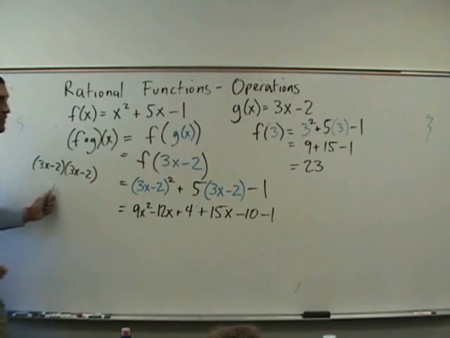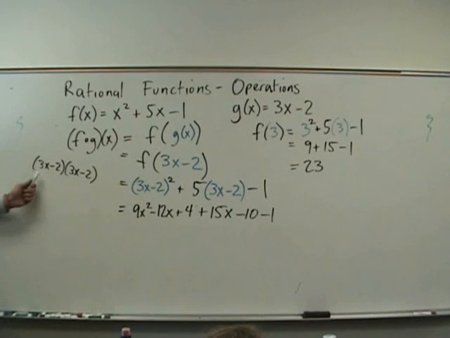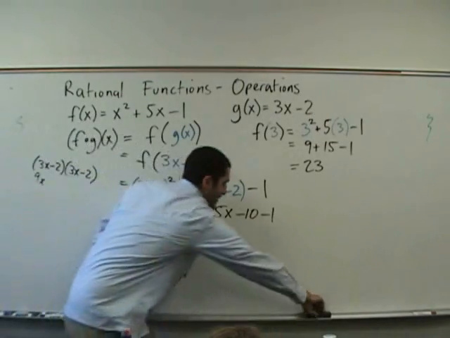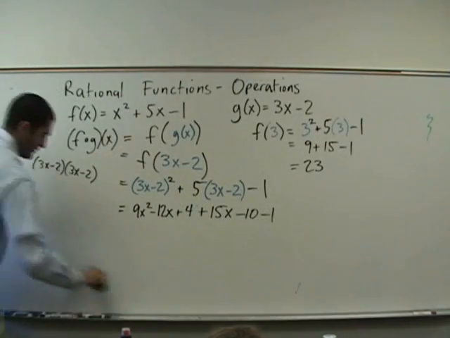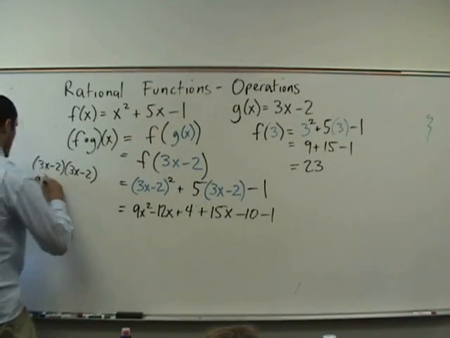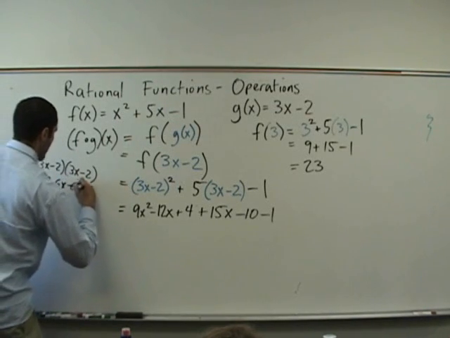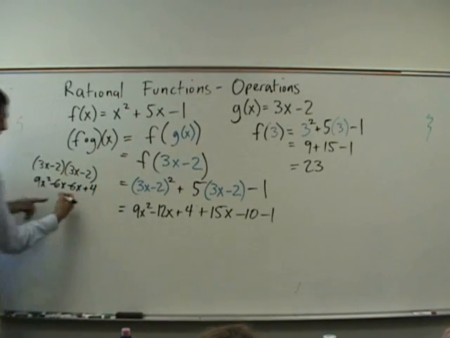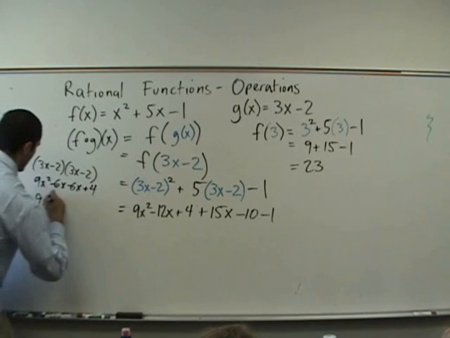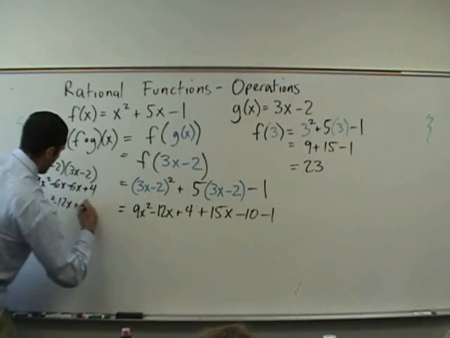That's okay. If you're wondering, I'm happy to go over it. Foil 3x minus 2 squared: you get 9x squared minus 6x, minus 6x plus 4. Combine like terms: 9x squared minus 12x plus 4.